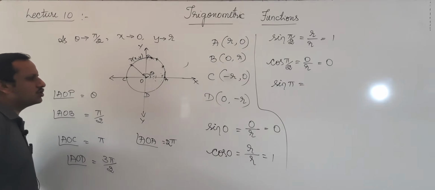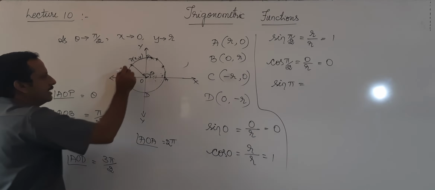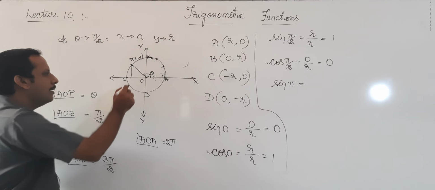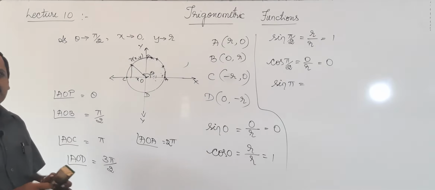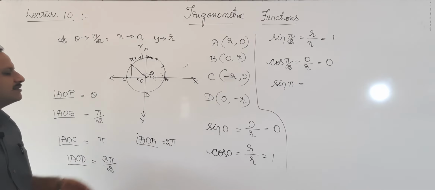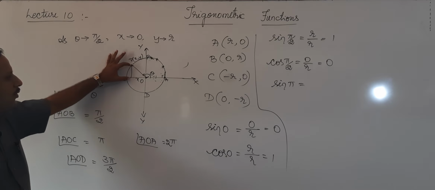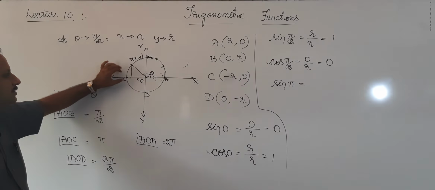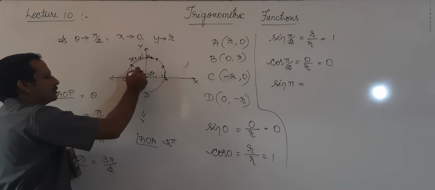Theta tends to pi. Then this length y will be positive only, but x is negative. Length is positive, but since it is along the negative x-axis, that x will be negative. y is positive only. In the second quadrant, x is negative, y is positive. This is r. r is always positive.